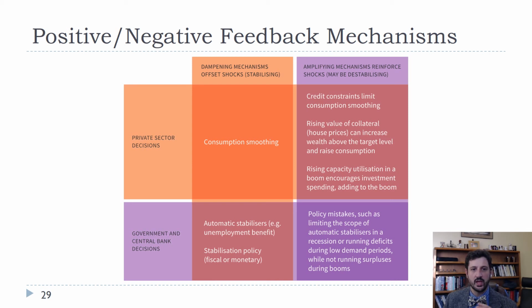Then there are government policy and central bank decisions, where we can have automatic stabilizers that keep things stable and make the multiplier lower. We can have fiscal stimulus or monetary stimulus during recessions. But then we can also have policy mistakes, right?